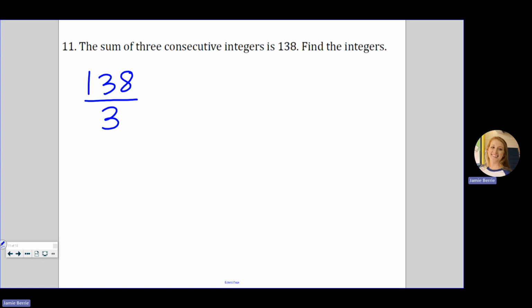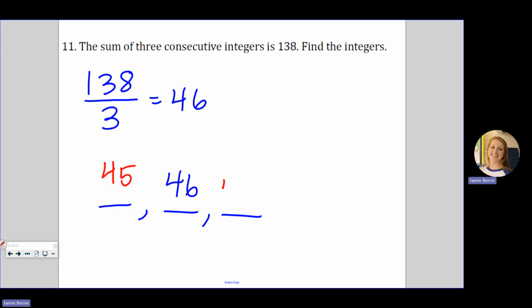So 138 divided by 3 is 46. There are going to be 3 answers, and you just found the middle one. So you subtract: 45, 46, 47. I hope everybody is going to get that one.